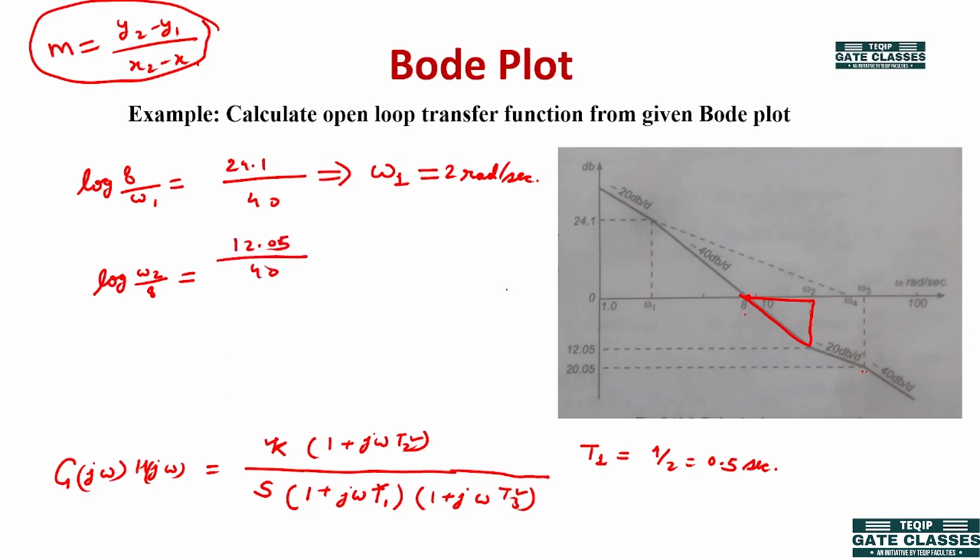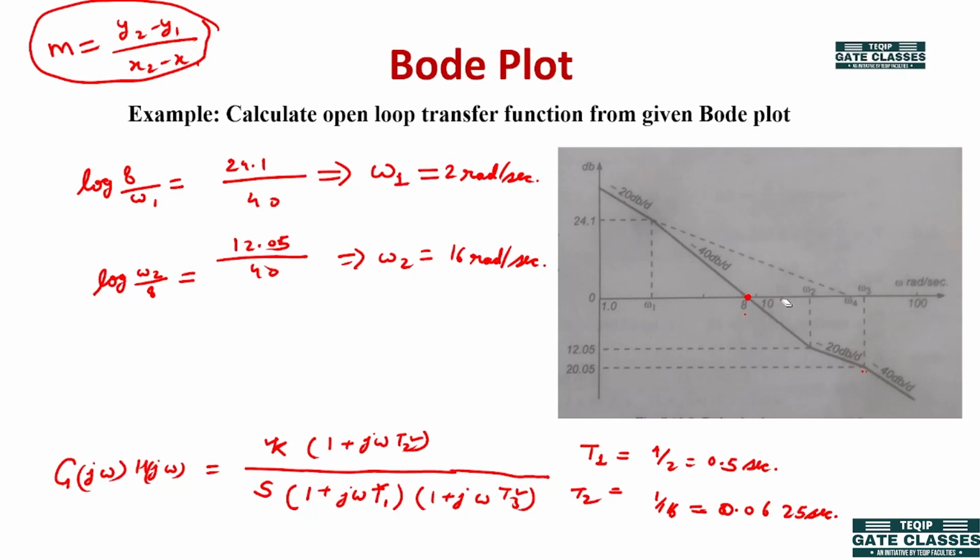If we solve this, we get omega 2 is equal to 16 radians per second. Or we get T2 is equal to 1 by 16, which is 0.0625 seconds.